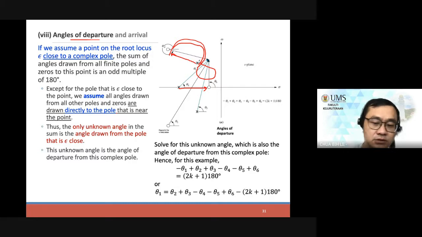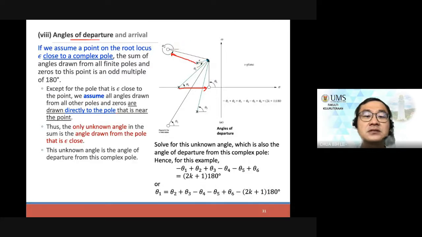So how we can get that angle of departure is that, let me clear it off first. We just test a point very close to the pole, right? Because we want to know the departure, and the departure must come from the complex pole itself.